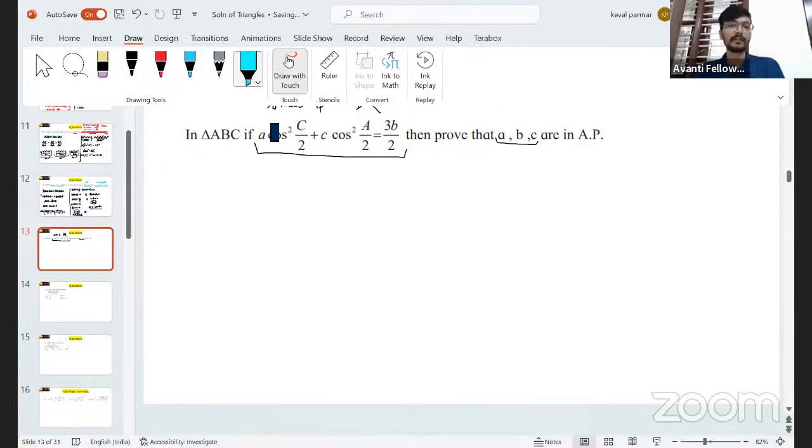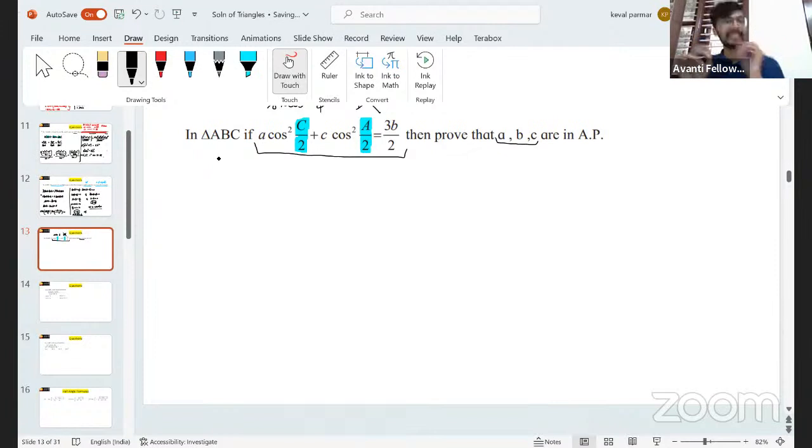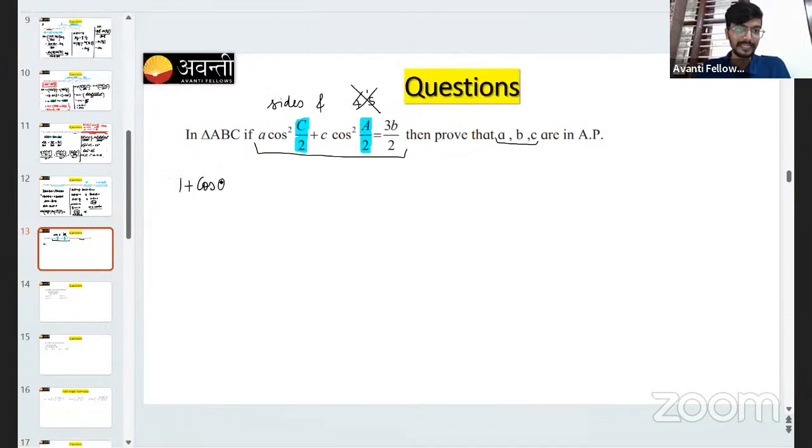Again, what is the problem with angles? The angles are half angles, C by 2 and A by 2. But the sine rule and cosine rule have no half angles. What do we need? Full angles. So we will use the same formula. Which one? 1 plus cos theta is 2 cos square theta by 2.